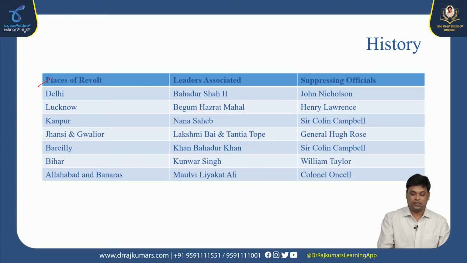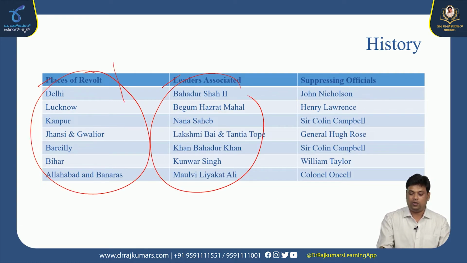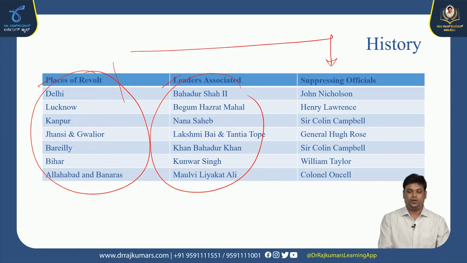So now we know the places and the leaders. We need to know about who did the suppression, because the British always came up with severe action against Indians if they did anything against their authority.